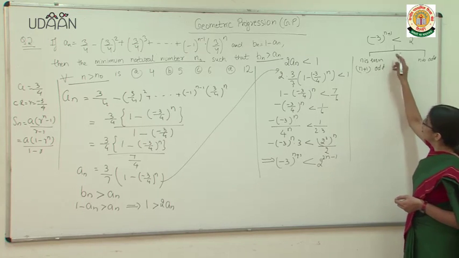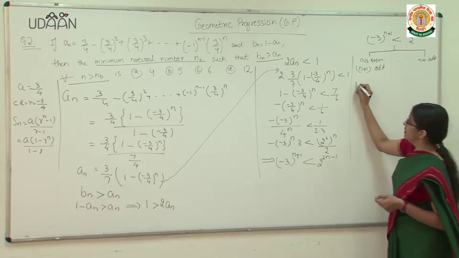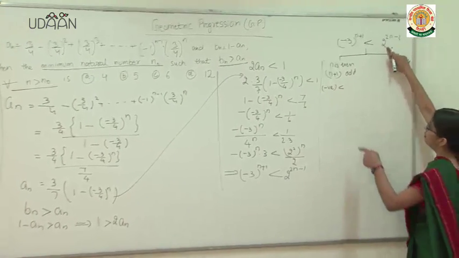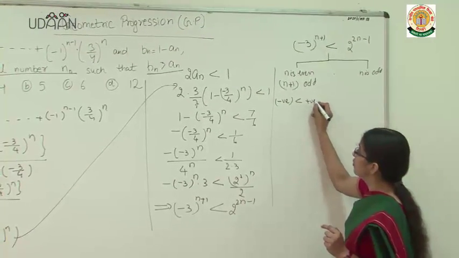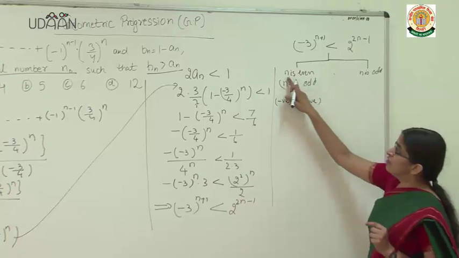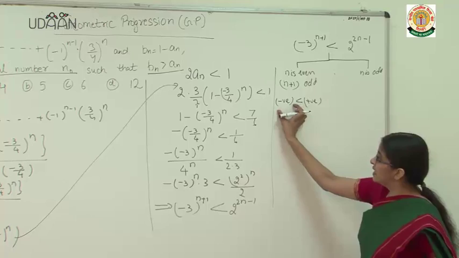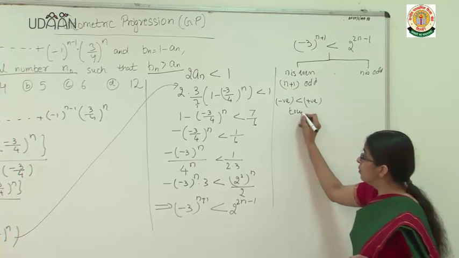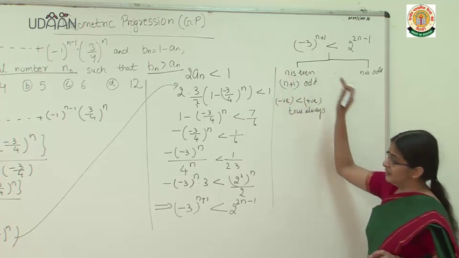So minus 1 power an odd number will be a negative value, less than 2^(2n−1), which is of course a positive value. A negative value is less than a positive value, which is true always when n is even.